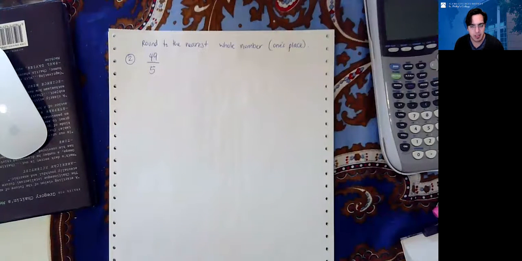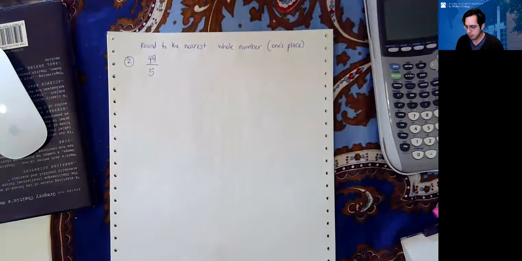So I'll give you guys a minute. Write that one down. Use the long division. And what I want you to do is give me the exact value and then the rounded value. What should I get when I divide these numbers?